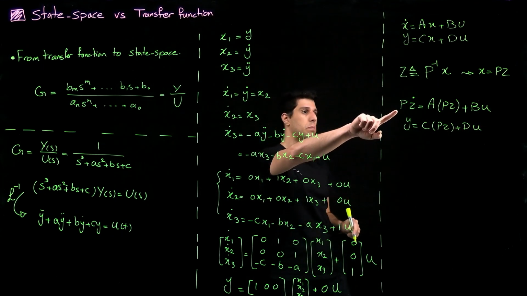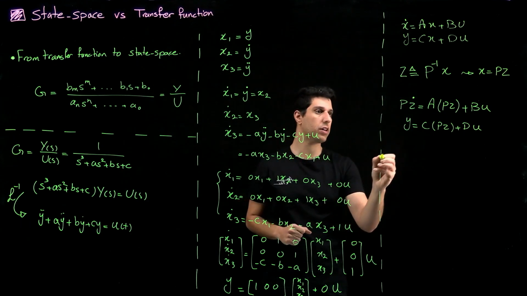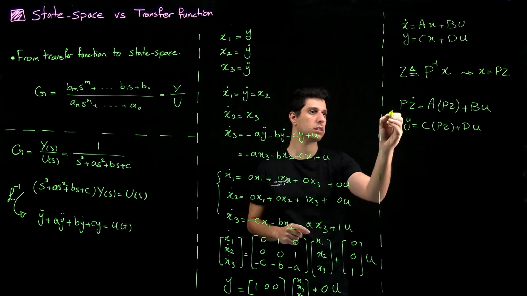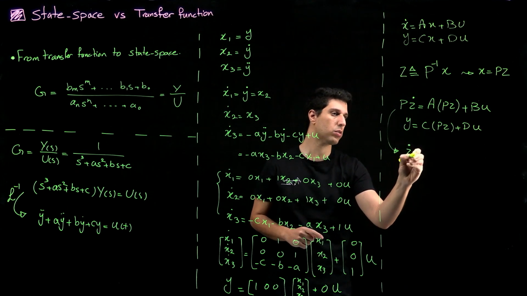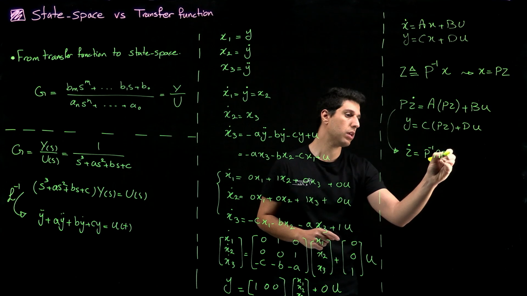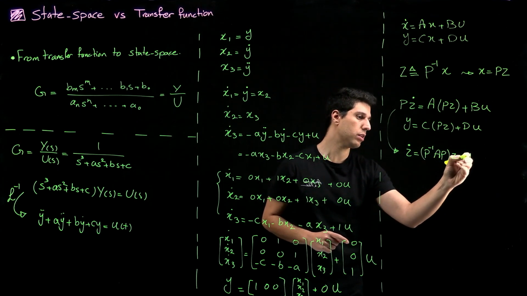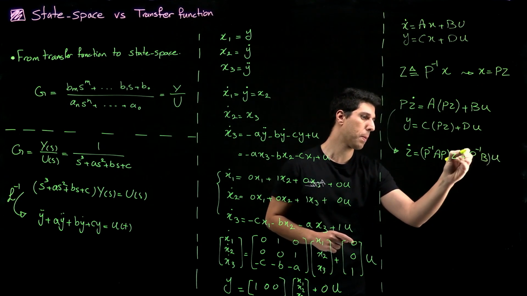Now again, remember we said P inverse exists, so P is an invertible matrix. I can multiply by P inverse, so z dot equals P inverse A P z plus P inverse B u.